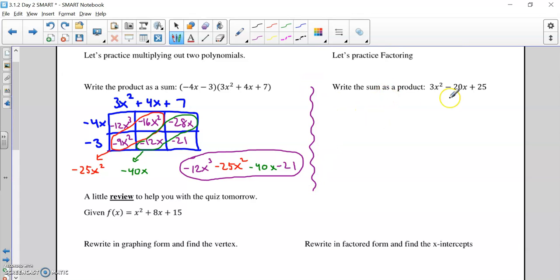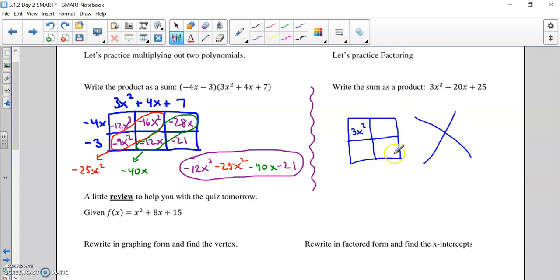All right, so now we're writing the sum as a product on the other hand. This is when we have to factor with box and diamond. All right, we got our box here, got our diamond. So our first term, as usual, goes in the top left.